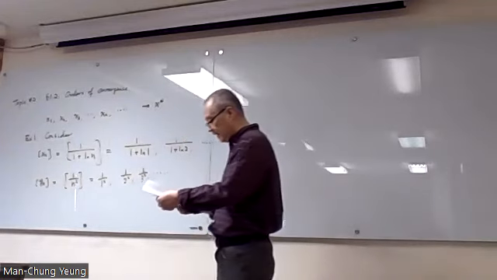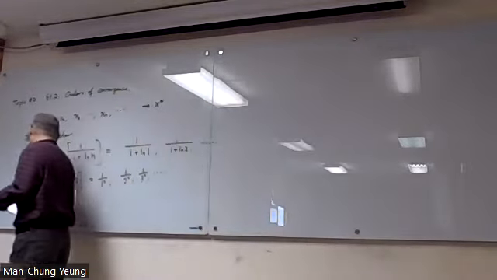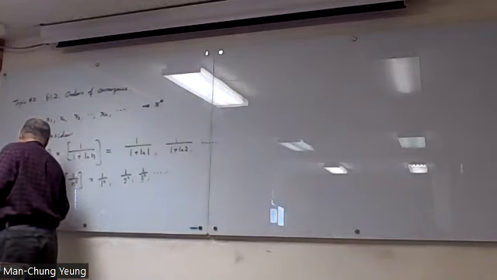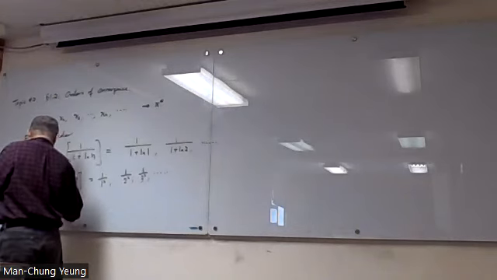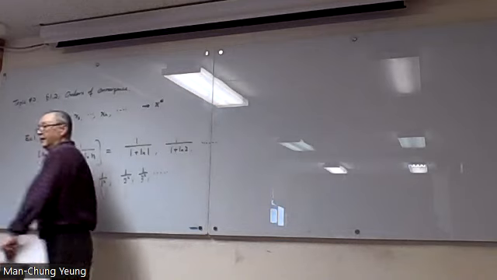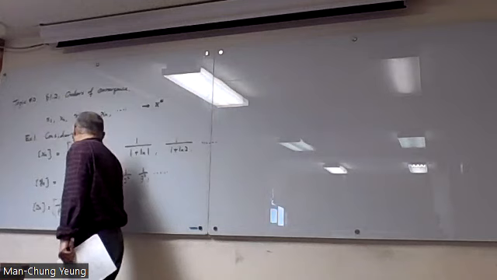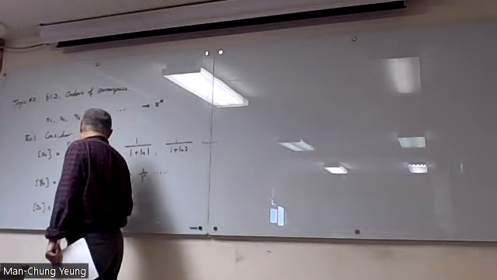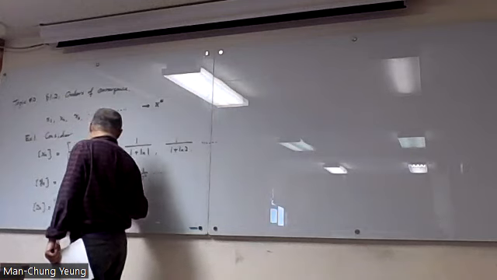The third sequence, let me call it cn, has general term 1 over e to the n. When n is 1, 1 over e. n is 2, and so on.